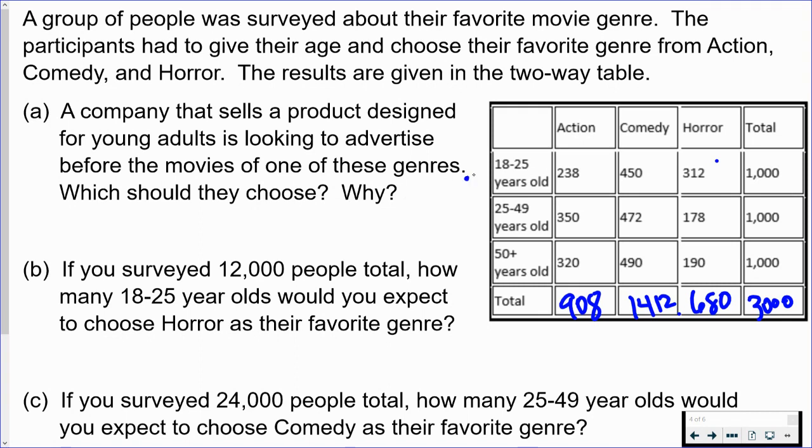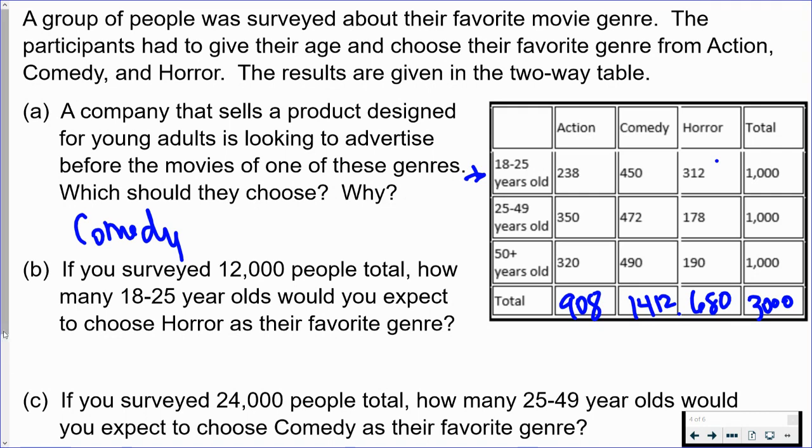So we're looking at this row here. Which of those blocks in the row have the highest number of people? Well, that would be under comedy. We've got 450, right? So that's the highest percentage of favorites is under comedy. So that's why we want to pick comedy for where they would advertise. And as a reason why, it's the highest percentage of favorites among 18 to 25-year-olds.